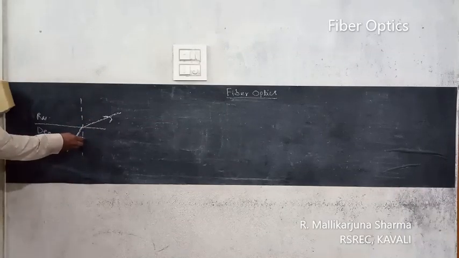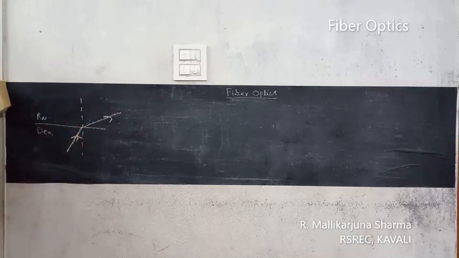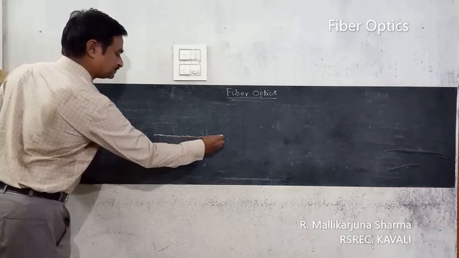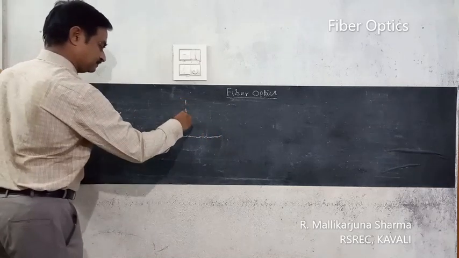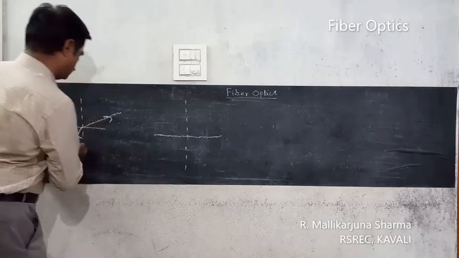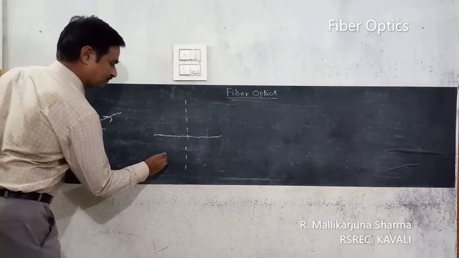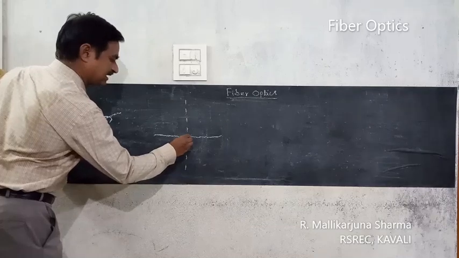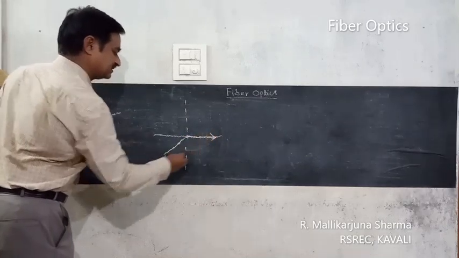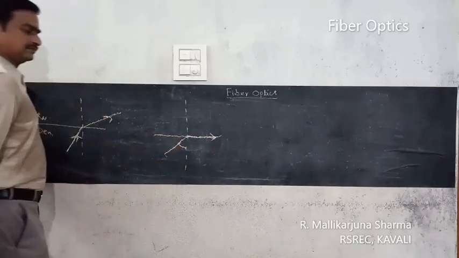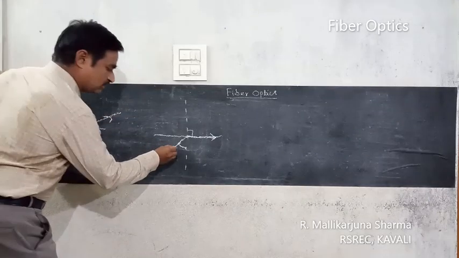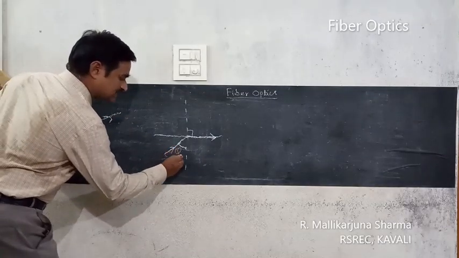Then, if we slowly increase the angle of incidence in the denser medium, at one particular angle of incidence it grazes the interface like this. That is, the refracted angle is 90 degrees, and this angle of incidence in the denser medium is called the critical angle.